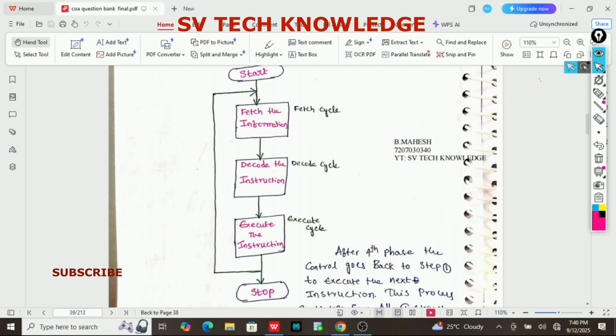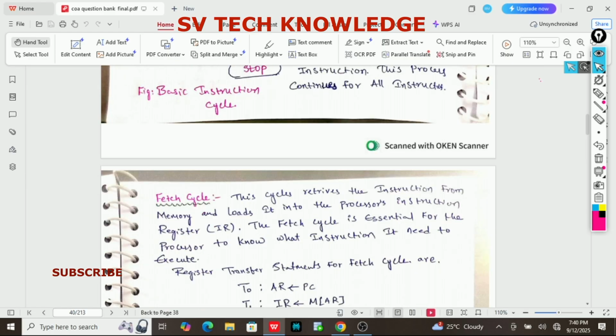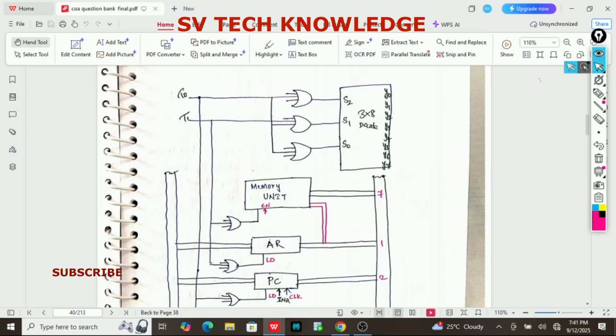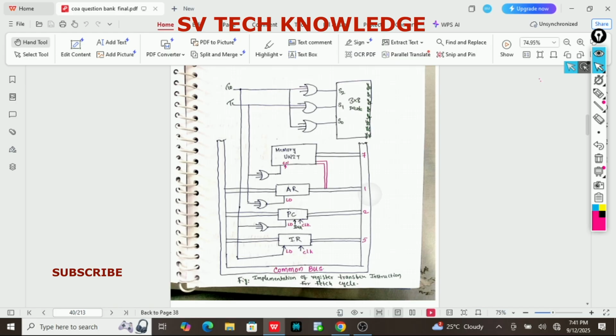So we go to the first phase of the instruction cycle, which is called the fetch phase. This is the block diagram of our fetch phase. This is a simple fetch phase. The fetch cycle retrieves the instruction from memory and loads the information into the instruction register.